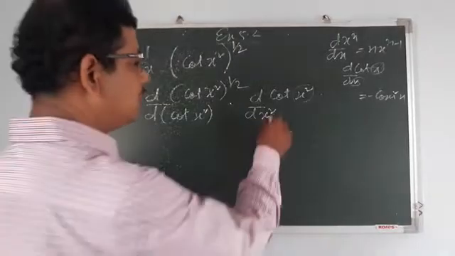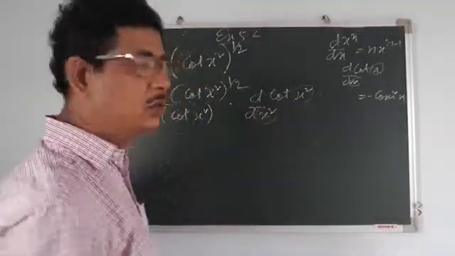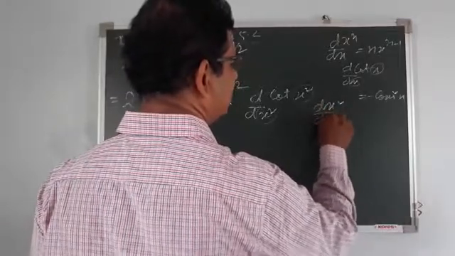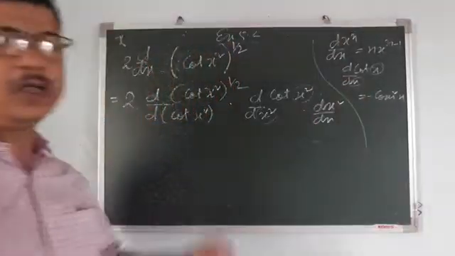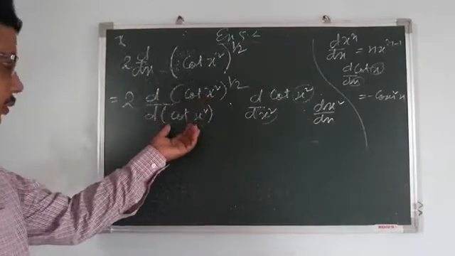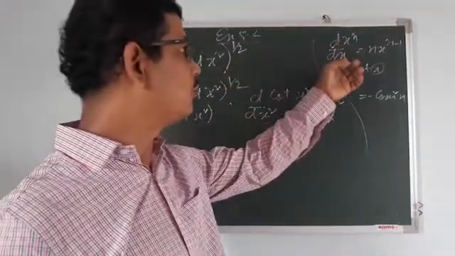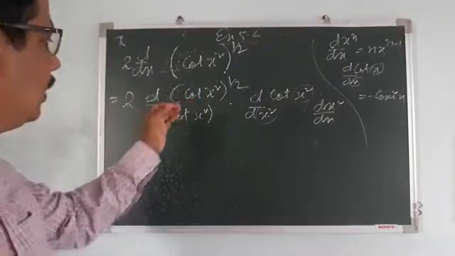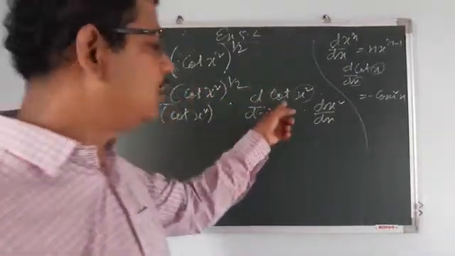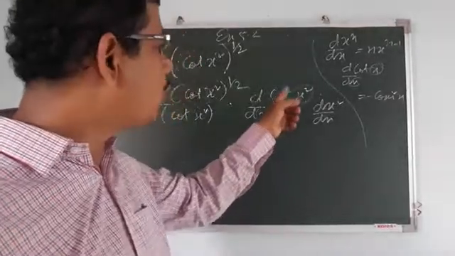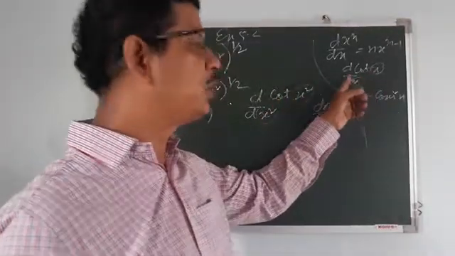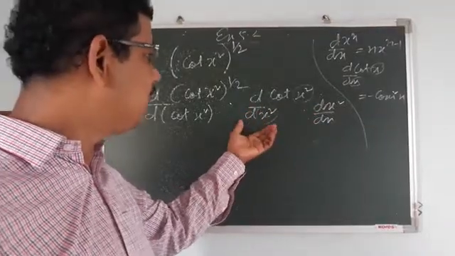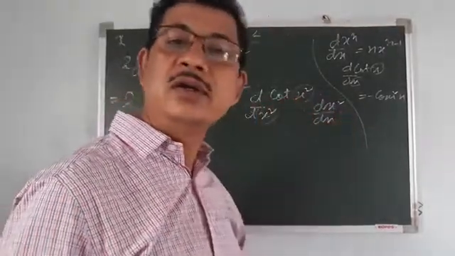Otherwise you cannot differentiate, because both of these should be the same. Then d x square dx. See how I have written this to get that concept, x to the power n. So cot x square we have written. To make it neutralize, we have written d cot x square again here. Cot x square, we know cot x with respect to x, so that square, I have written here x square. This dx square we have neutralized by d x square dx.